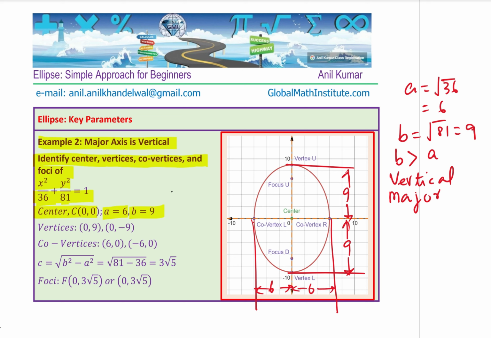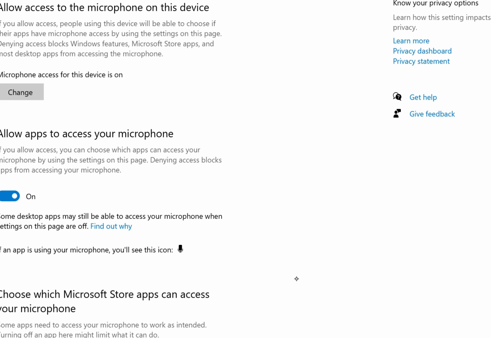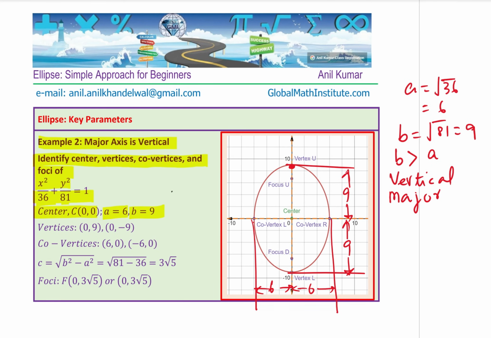So we do get vertices, and this time it will be on the major axis. That means vertical. So all these parameters are on the major axis, which is vertical.